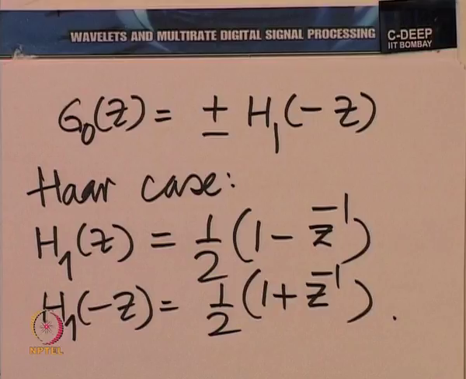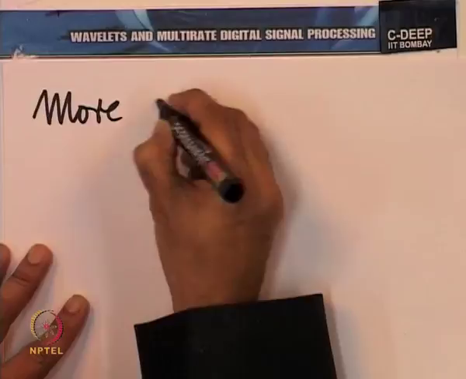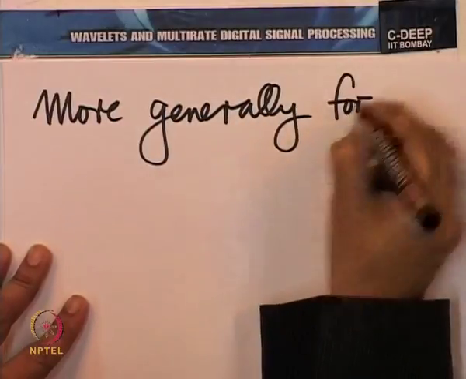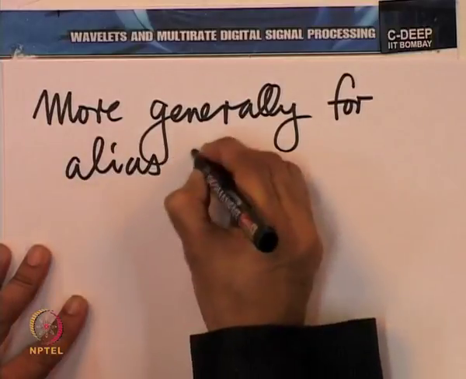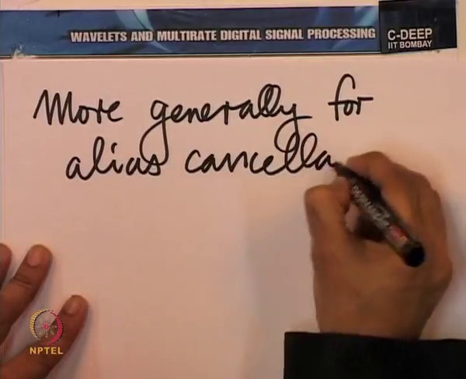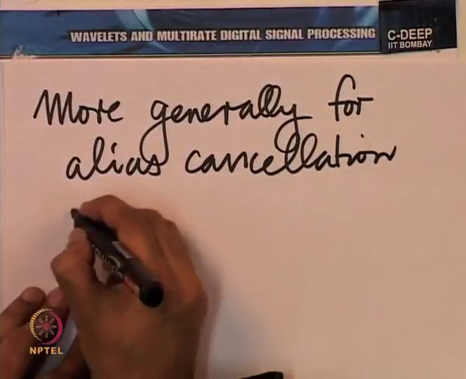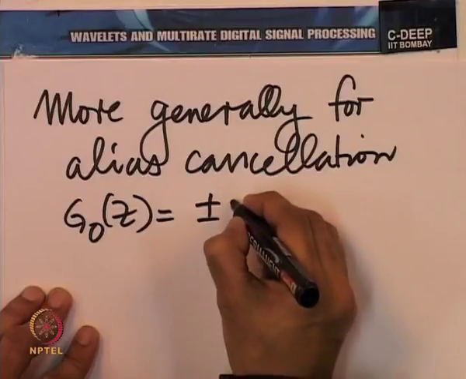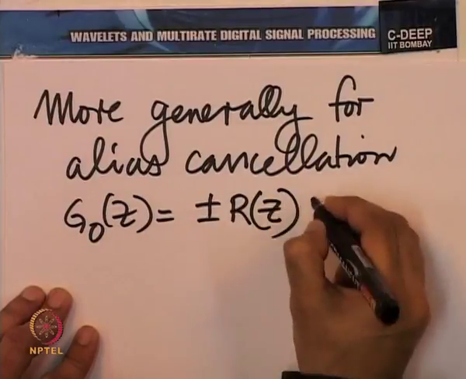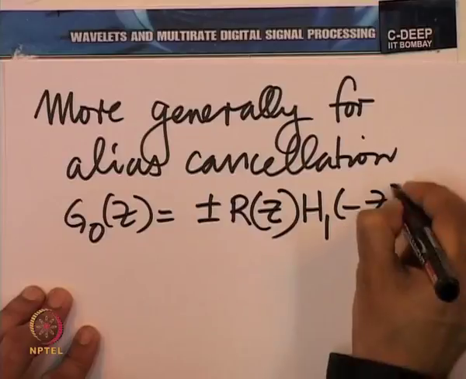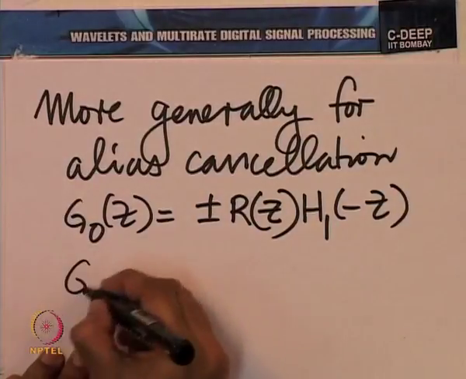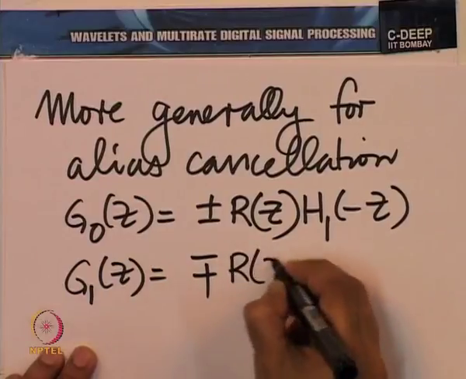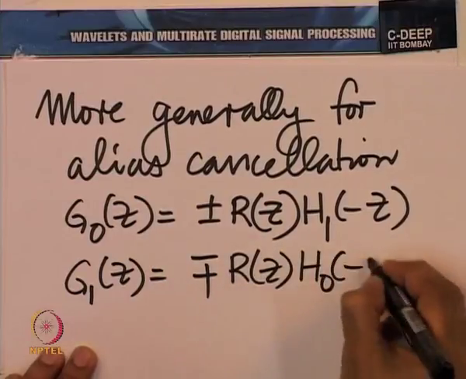We had said that more generally, for alias cancellation, we need G0(z) to be plus or minus some R(z) times H1(-z), and G1(z) to be correspondingly minus or plus R(z) times H0(-z).